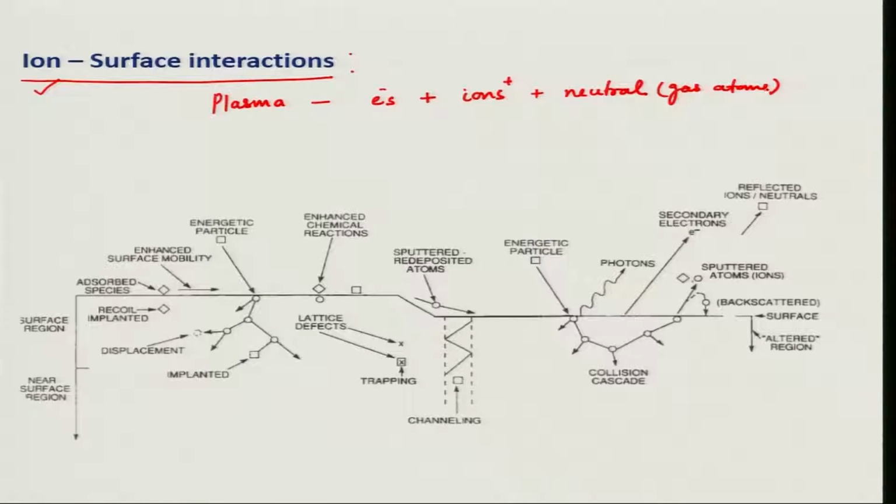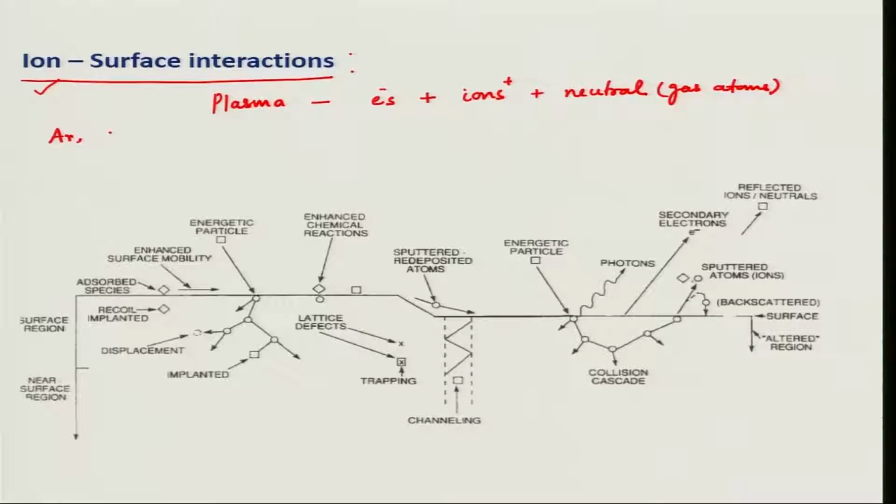We can use noble gases like argon, helium, xenon, etc. to create neutral plasma, or we can use oxygen, nitrogen, and sometimes ammonia, these gases, to create plasma of these gases or ions of these gases, which can be used for reactive sputtering.